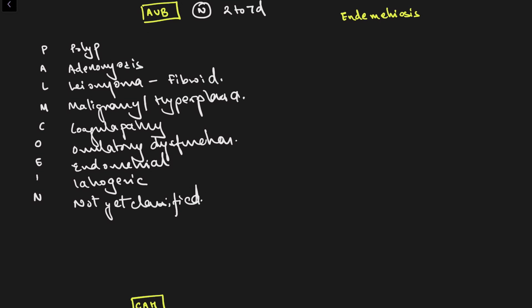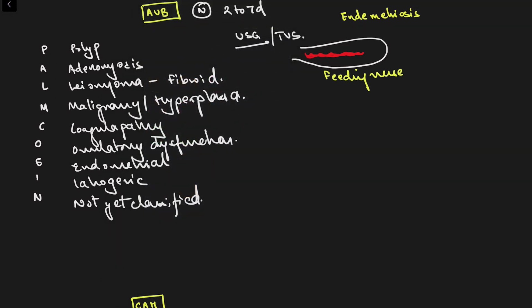Like, how will we diagnose this? We do obviously ultrasound, preferably a TVS. And if on ultrasound, suppose this is the uterus, on Doppler we see the feeding vessel sign. This is a polyp, right?